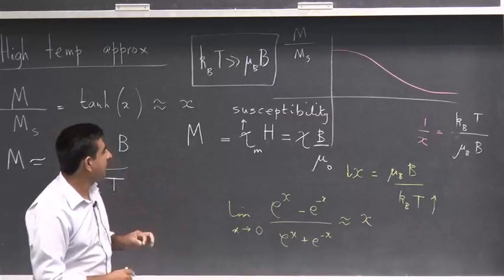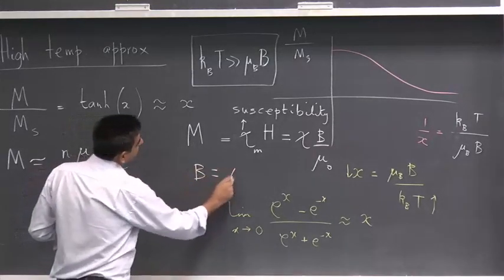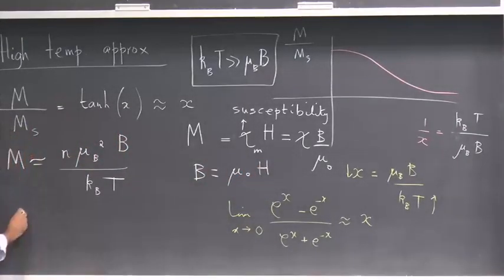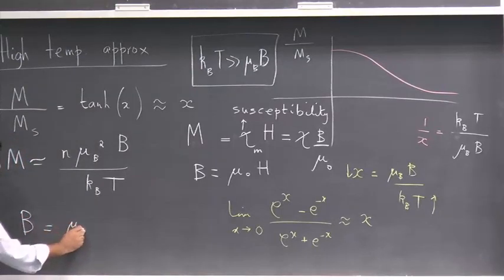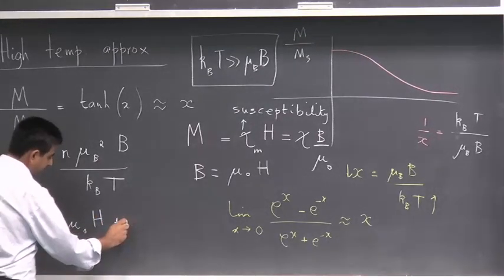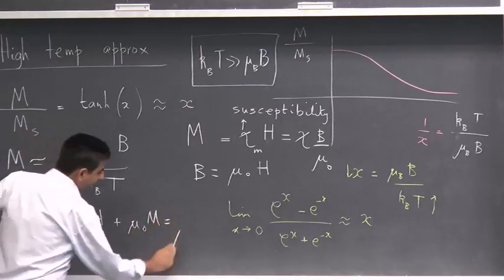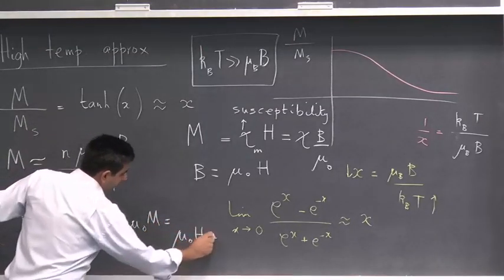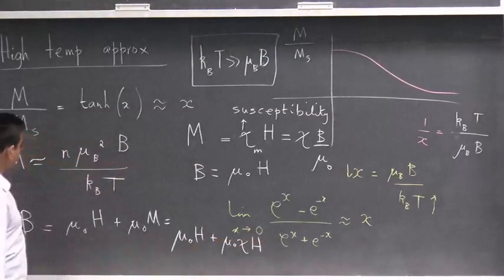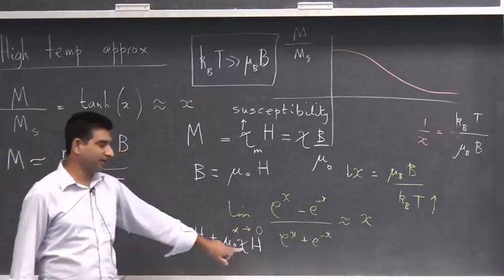For such materials, B equals mu naught H. Why? Because B really equals mu naught H plus mu naught M. This means mu naught H plus mu naught chi H. Now for a paramagnetic material, this chi is much smaller than 1.